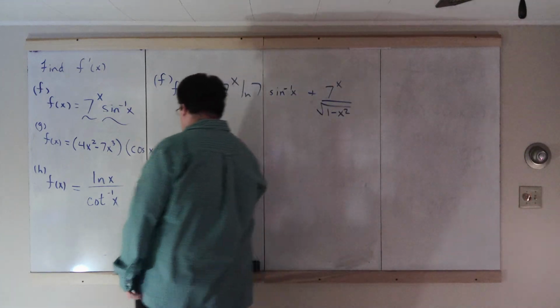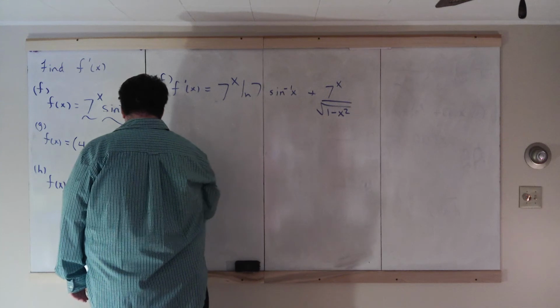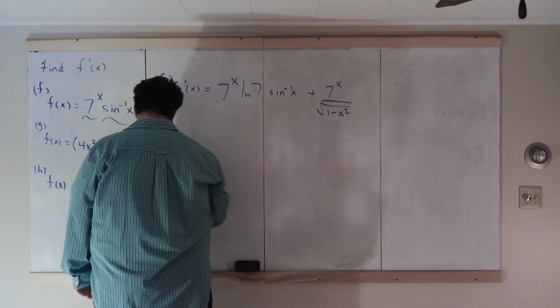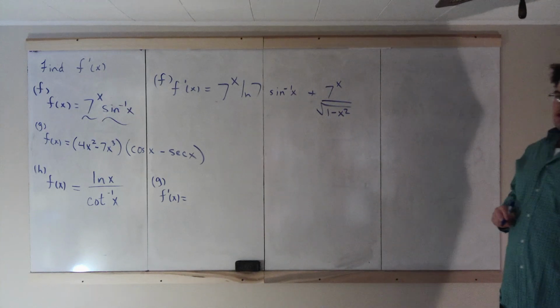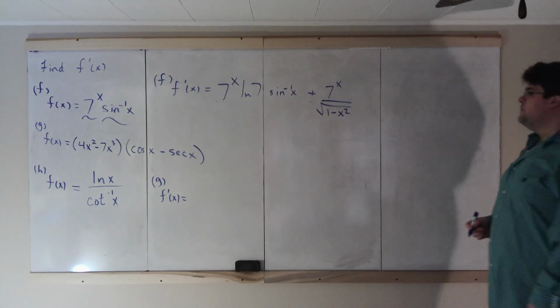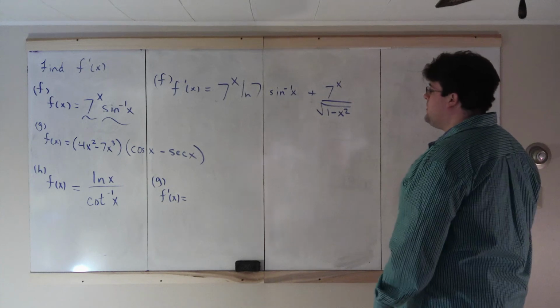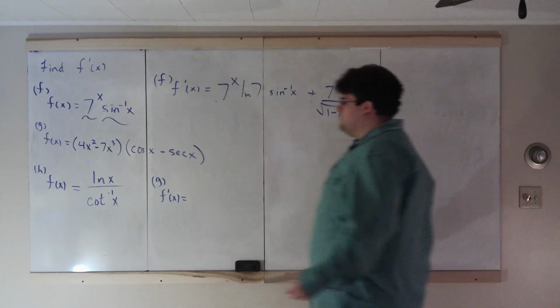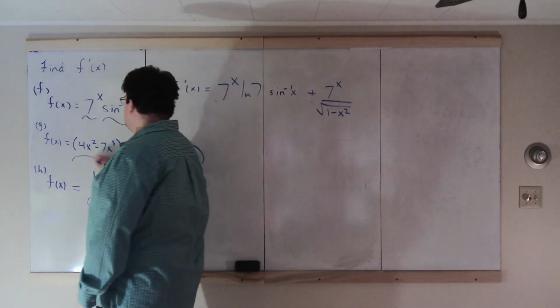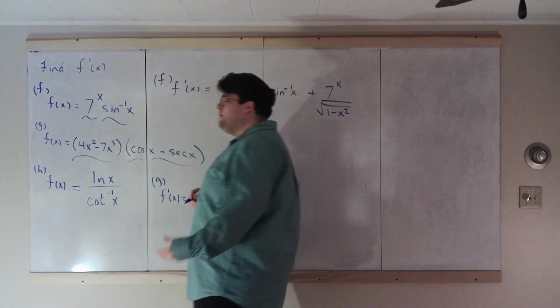Next, I'm going to answer part G down here and hope it fits across this board. Next, for part G, you could distribute this out. It would turn into 4 product rules. I'm not going to distribute that out. But now we'll just use one product rule, because we have this thing times this other thing.